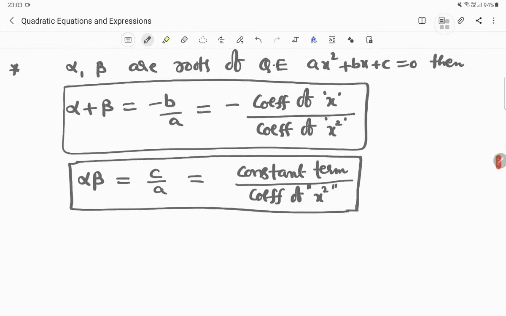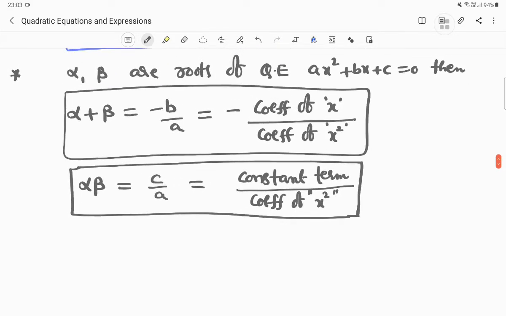Not only these two, sometimes they will ask the difference of the roots, alpha minus beta or beta minus alpha. So alpha minus beta can be written as, from the algebraic formulae, root over alpha plus beta whole square minus 4 alpha beta.